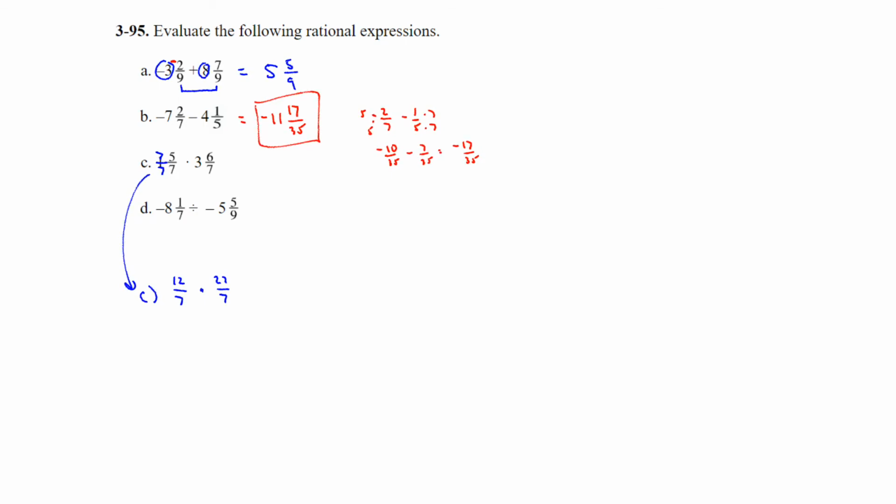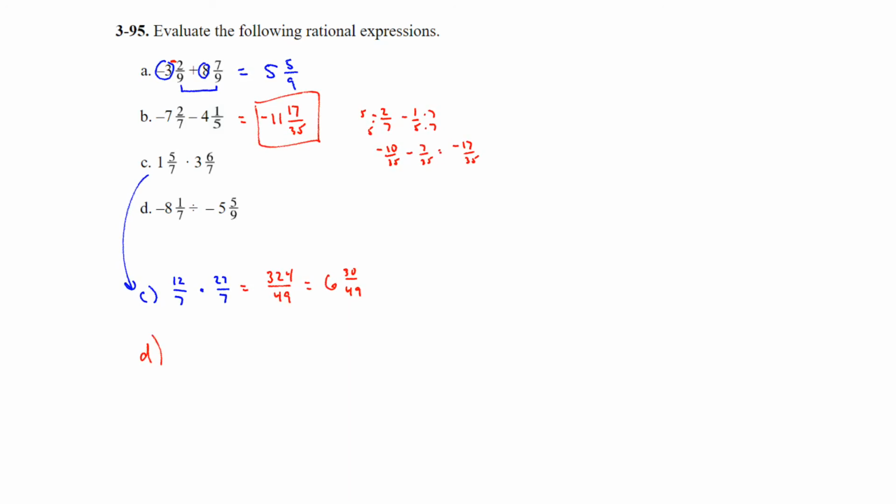And then we can just multiply straight across and simplify, unless we can cancel anything. And it doesn't look like we can cancel anything, so let's just multiply straight across. And we get 324 over 49. If you do want to write it as a mixed number, we could. 49 goes into 324 6 times with 30 left over, so 6 and 30 over 49. Either way is fine.